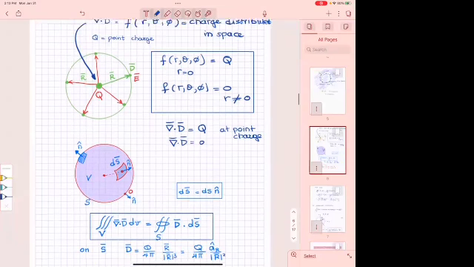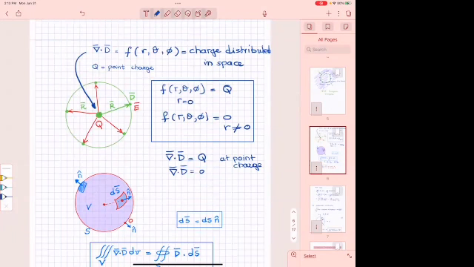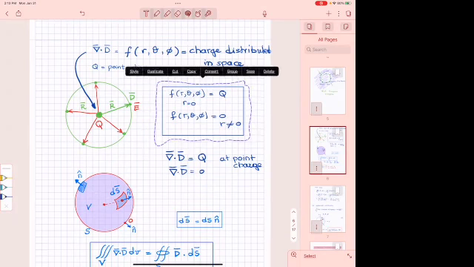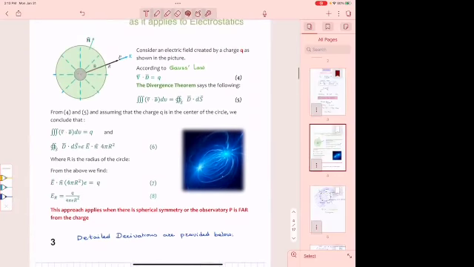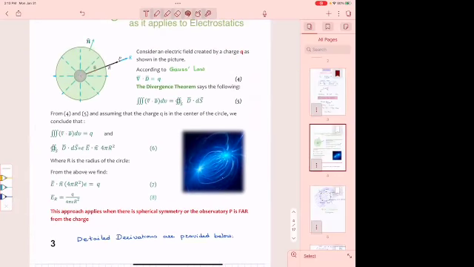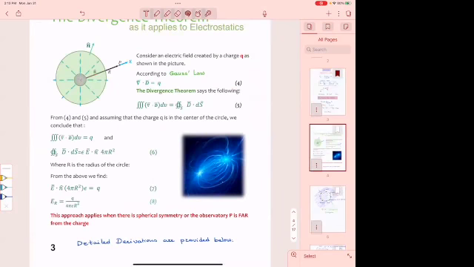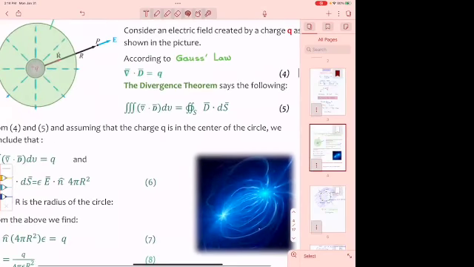Okay, so now we have a point charge, and what we would like to do is apply the divergence theorem, which in fact is right exactly here. What does the divergence theorem say?